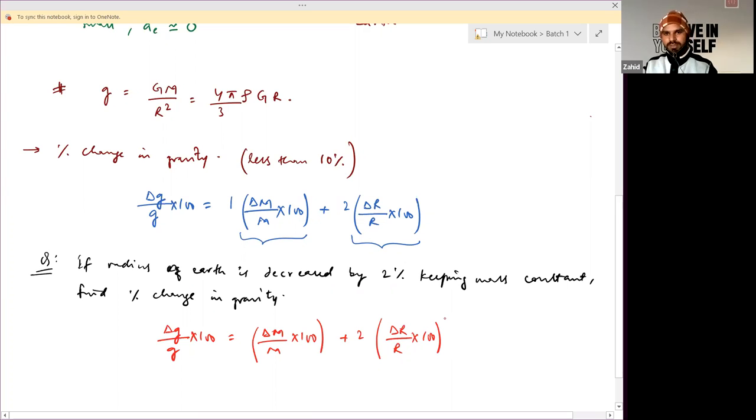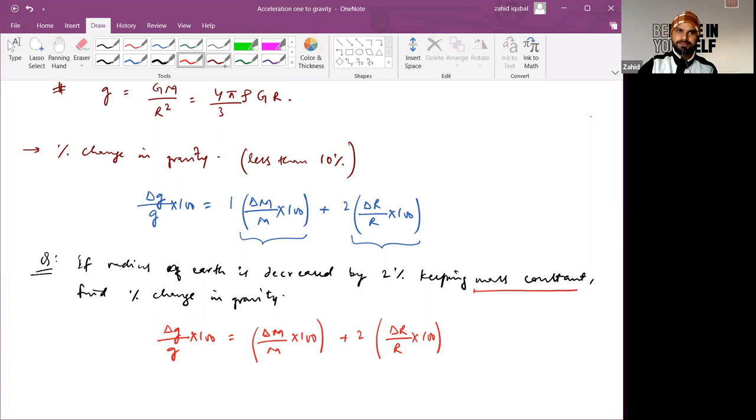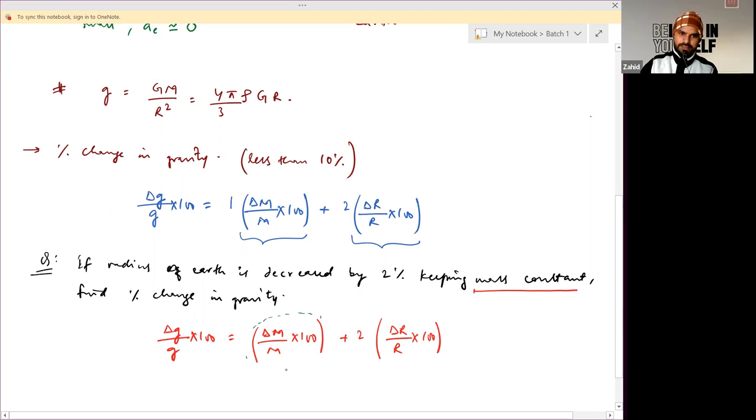Now, according to the question, we have constant mass. So for a constant term, difference will be 0. So this entire part will be 0. Next, the percentage change in radius is 2%. So put the value of this entire part to be 2. So you will get 2 into 2 equals 4%.